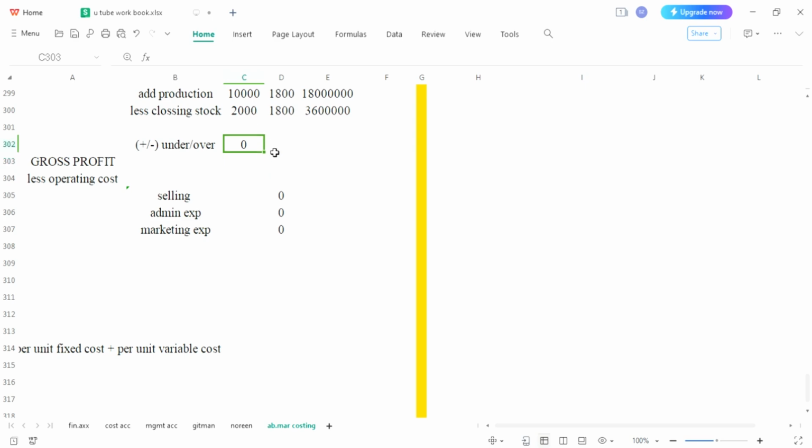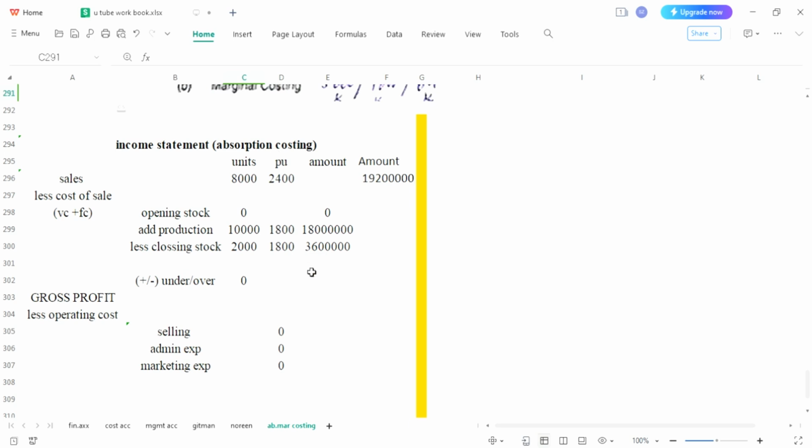All right, so it has been finalized. Operating cost is finalized, under over applied is finalized, production cost is finalized. We are now open to calculate our cost, and that cost would be calculated over here.